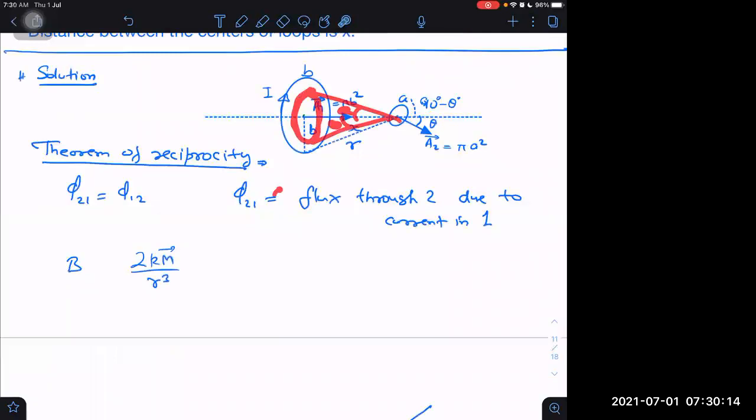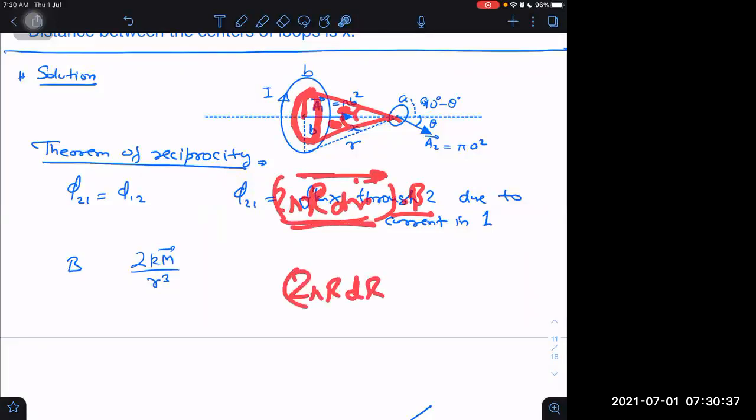Then I will take 2 pi R dR, with capital R, as the area of this ring, multiplied by the field passing through it with a dot product, because the angle between the field and the area is important. This is taken as the area vector, its direction along i cap: 2 pi R dR along i cap. This is the area vector dot the magnetic field.